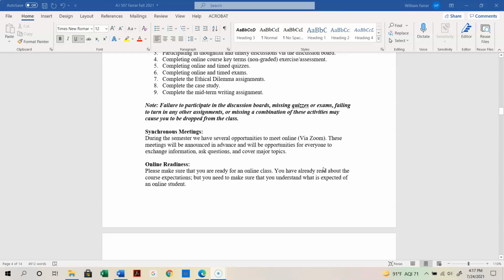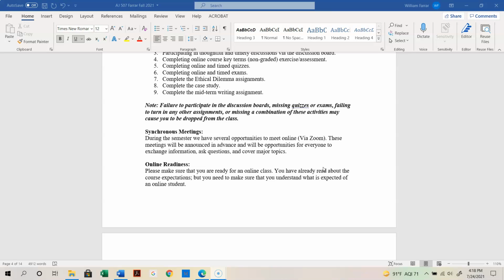While this is an asynchronous course, meaning that you log in and do the work during a certain time period, there will be some opportunities during the semester for us to have synchronous meetings, which means that we can all meet online via Zoom. They're not mandatory meetings, but these meetings will be announced in advance so you can schedule for them if you want to.